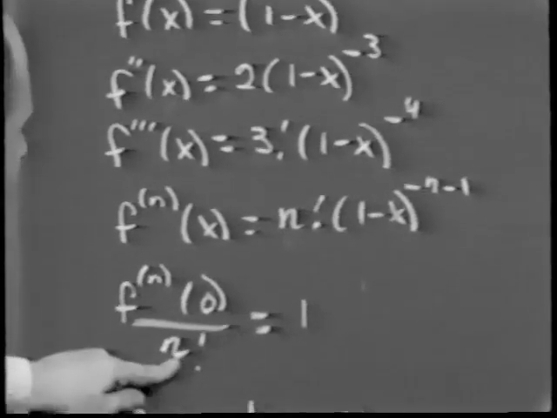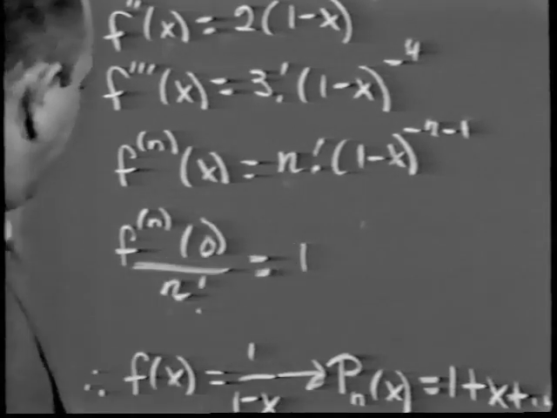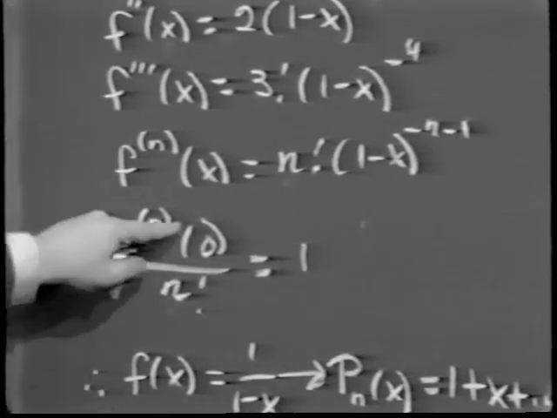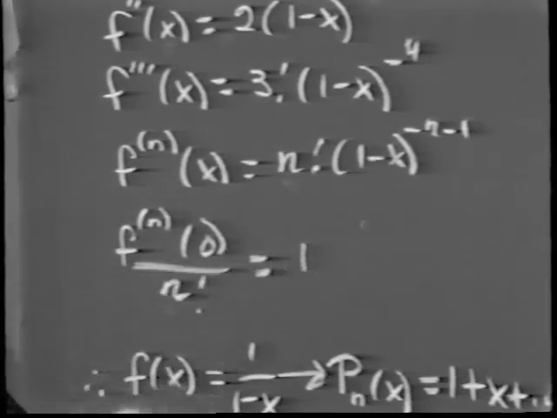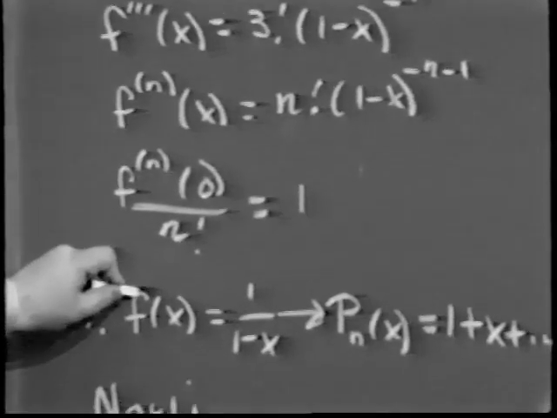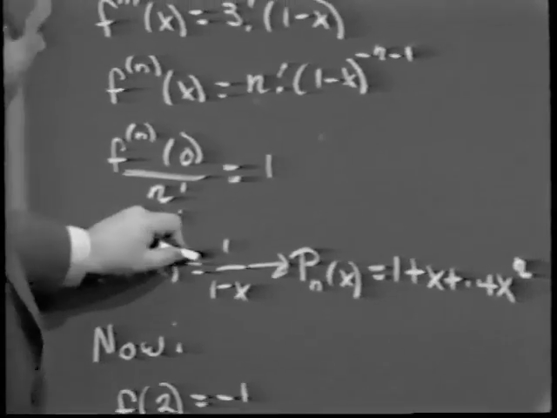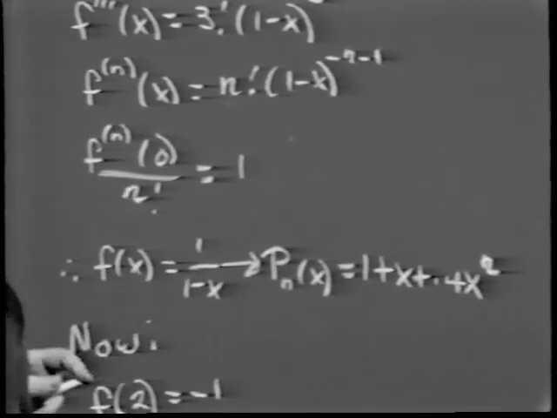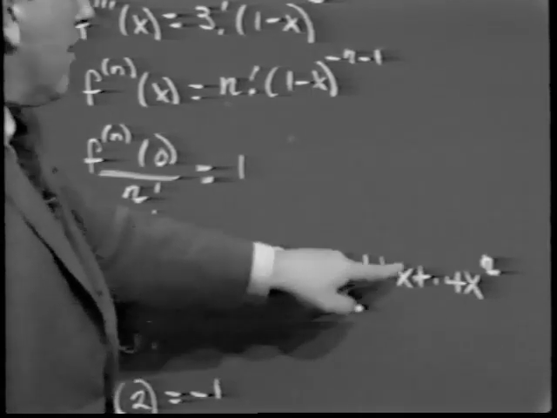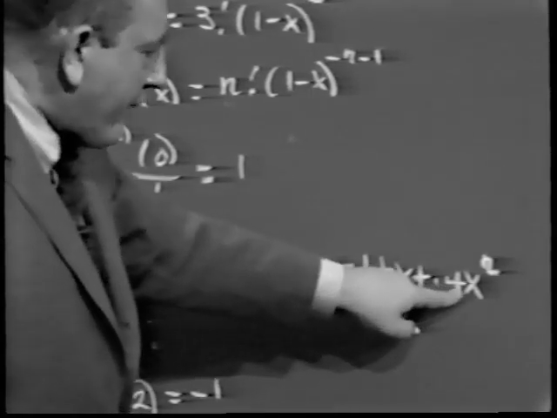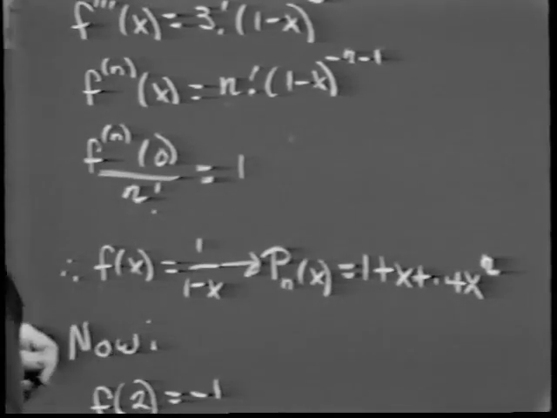And if I divide n factorial by n factorial, I get 1. In other words, every one of my coefficients of the approximating sequence of polynomials is going to be 1. So the approximation for f of x, where f of x is 1 over 1 minus x, is simply P_n of x equals 1 plus x plus x squared, etc., plus x to the nth power.